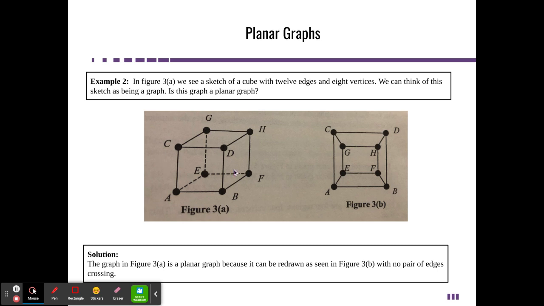But that means that it's not planar because it's not all in one plane. If it was smashed and it was two-dimensional instead of three-dimensional, then it would be planar. However, we can redraw this graph to represent this situation right here. So therefore, this is planar because no pair of edges cross.